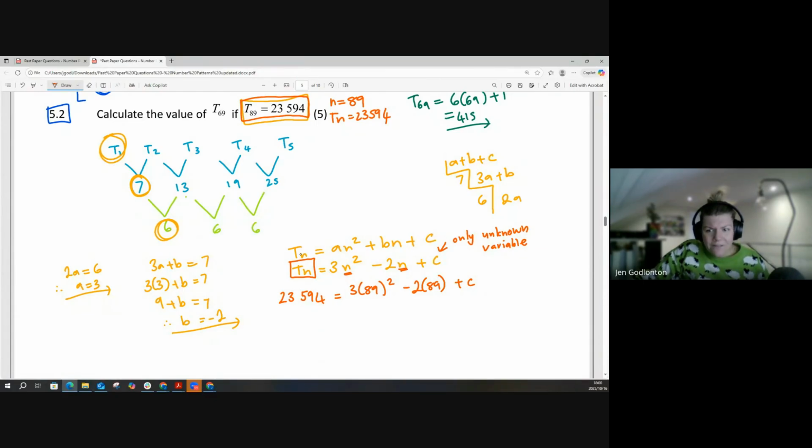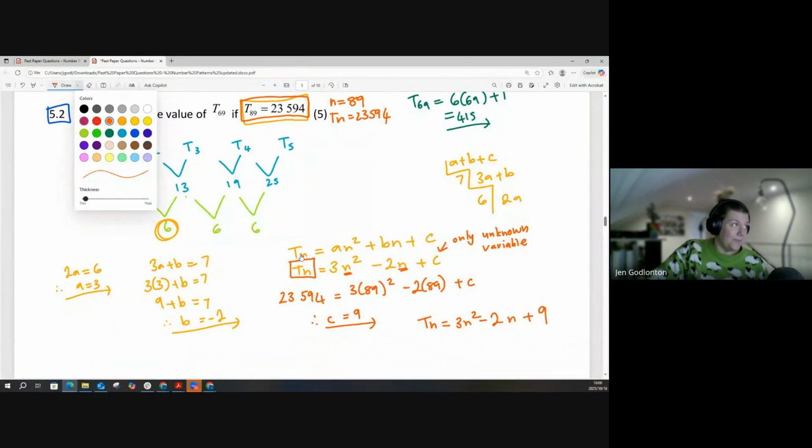I got 14154, Leah. But now I'm questioning if I did something wrong with my calculations. Okay. So if we work this out, we see that C is equal to 9. That means that my formula is going to be Tn equals 3n squared minus 2n plus 9.